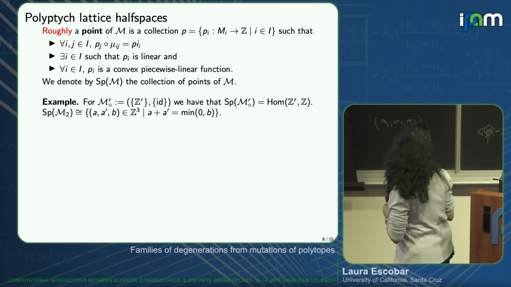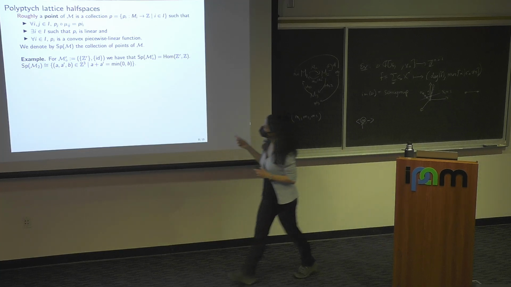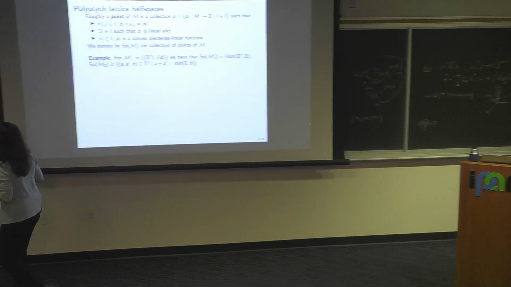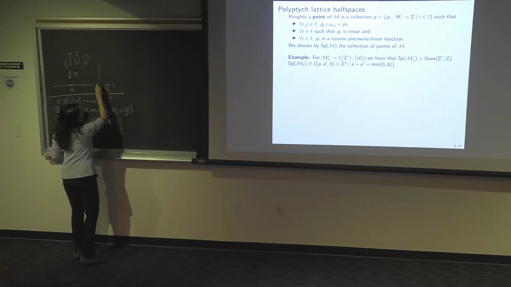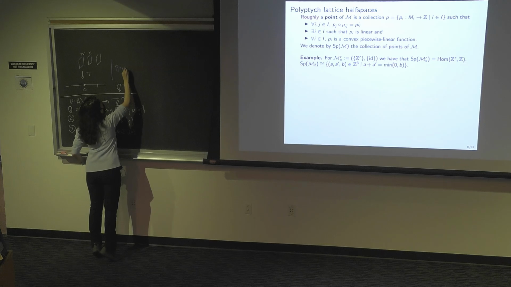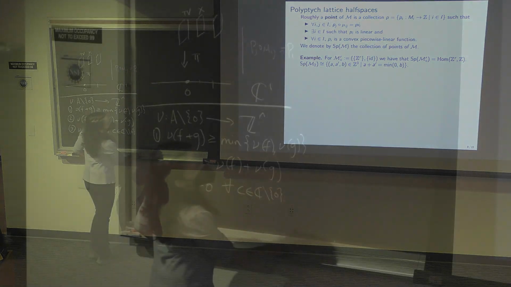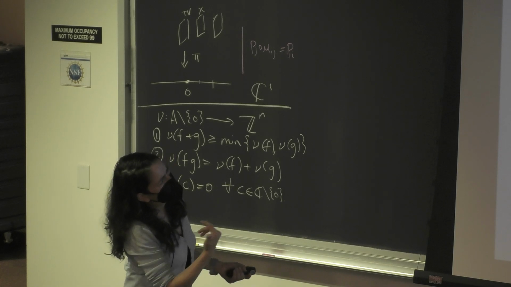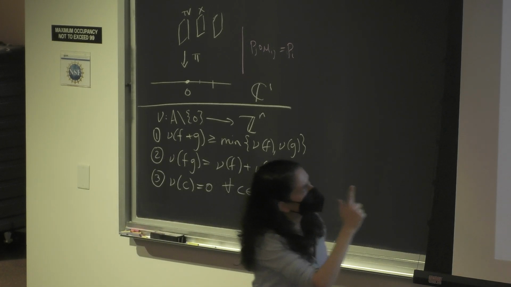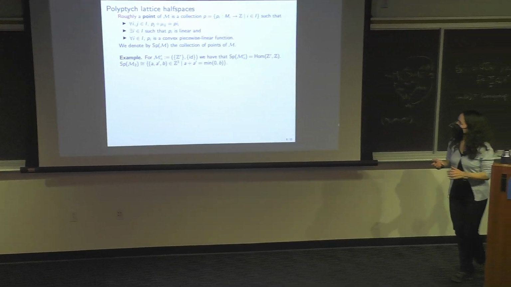Let me fix that typo, I'll use pink. The first one should be p_j composed with mu_ij, should be p_i. Too many i's. Okay.